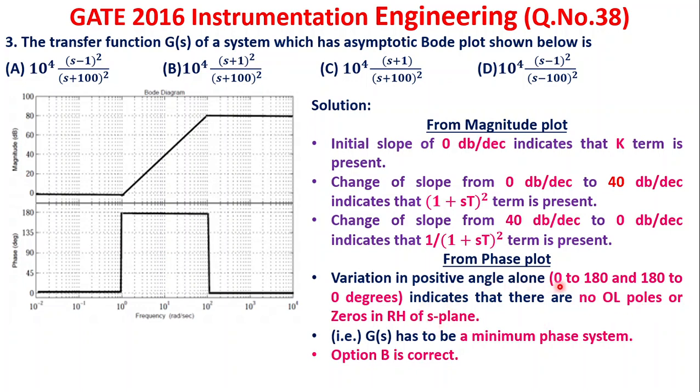Only positive angle variation is there. Therefore, only this particular combination is suitable, because of (1 plus sT) whole square and 1 by (1 plus sT) whole square, and further, no poles and zeros are present in the right half of the S plane. So here again, I did not solve with the equations. Just by inspection, I was able to find it out.